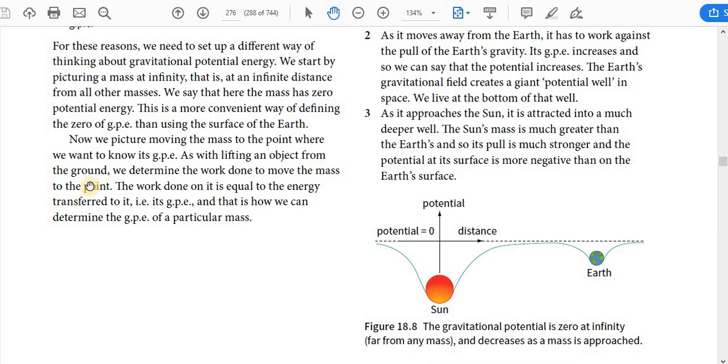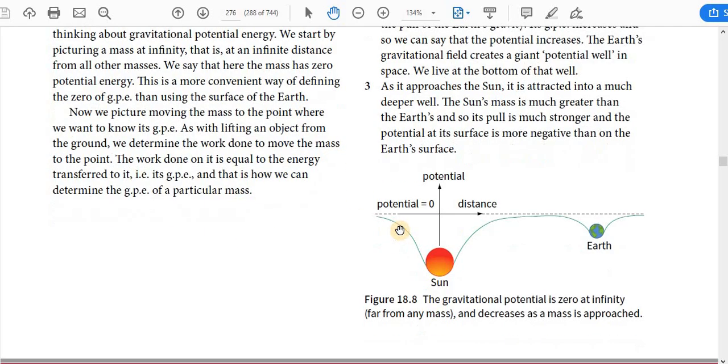So as with lifting, we determine the work done to move the mass to the point. The work done on it is equal to the energy transferred, that is its GPE, and that is how we can determine the GPE of a particular mass.